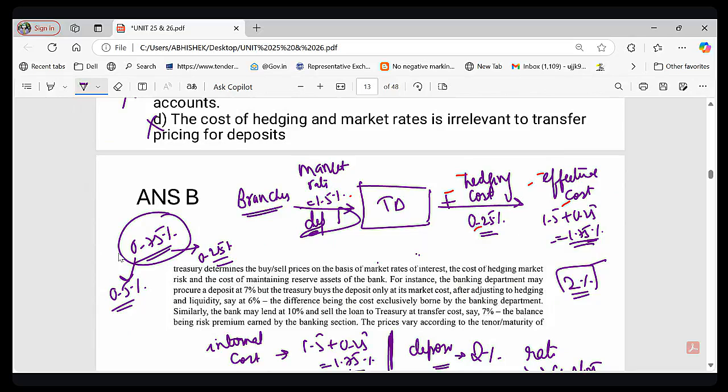So basically what is happening here is that even though Citibank is offering a 2% rate to attract the customer, the internal cost is 1.75%, right?